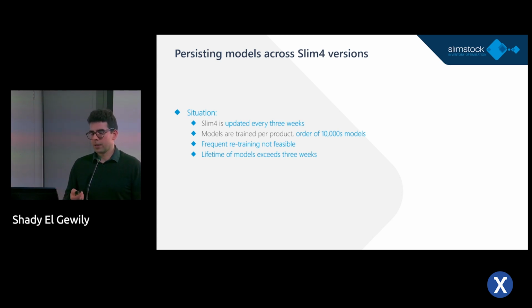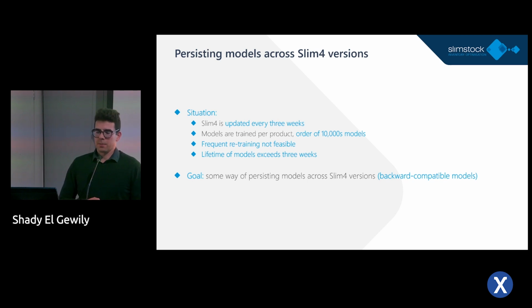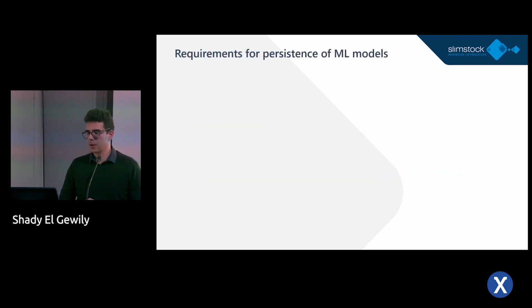But the lifetime of those models is longer than 3 weeks. You want to be using them longer than 3 weeks. So we need some way of saving or persisting models across Slim4 versions, basically backward compatible models, while still retaining the ability to update and refactor our code base.